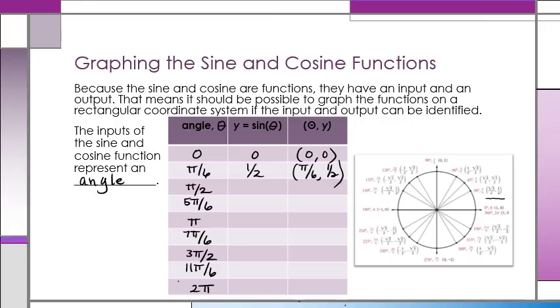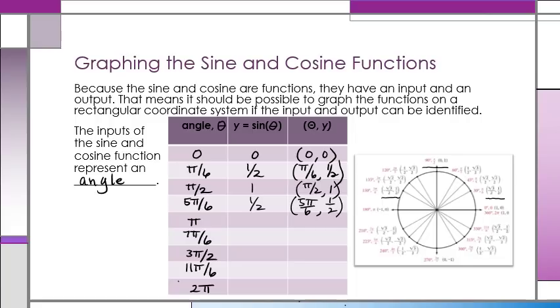For pi over 2, here I am, up on the positive y-axis, and my output is 1. So I have an ordered pair of pi over 2, comma 1. For 5 pi over 6, my output is 1/2. And so my ordered pair is 5 pi over 6, comma 1/2.